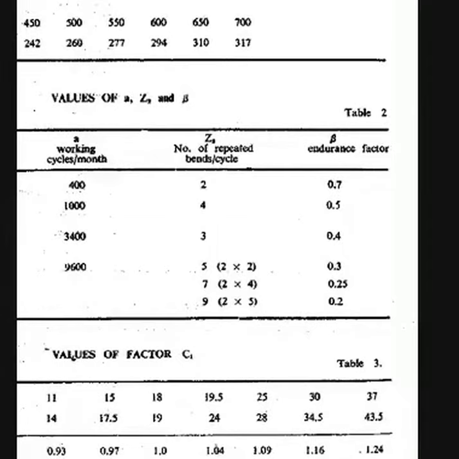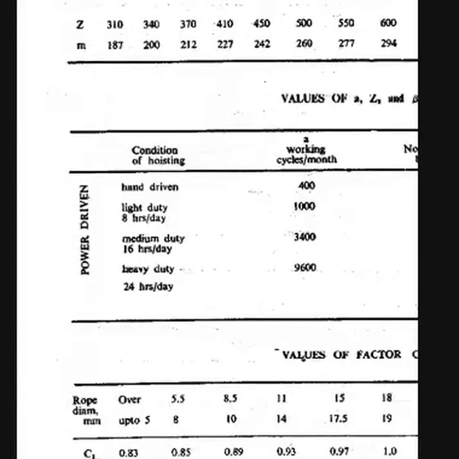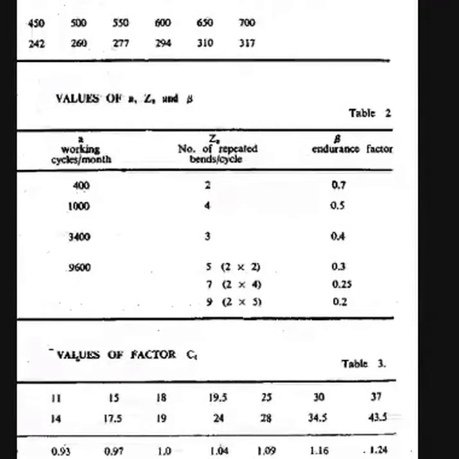If you can see, based on rope diameter, C can be calculated. Our diameter is 29, which is not present here. So we can take 30 as the diameter. For that 30 diameter, the value is 1.16. So C1 is 1.16 from PSG 9.8 table number 3.